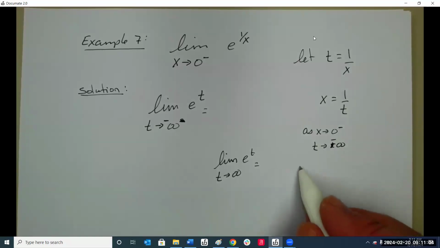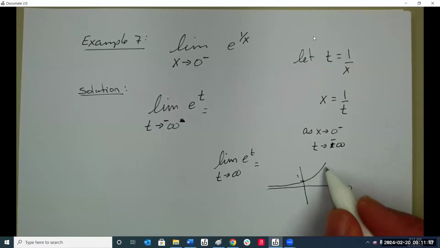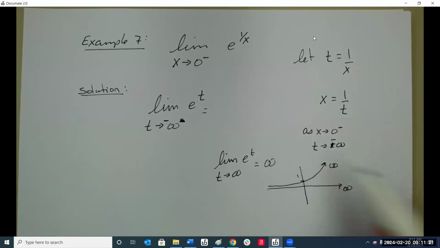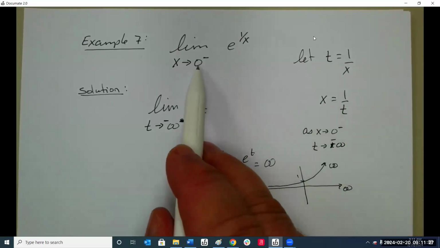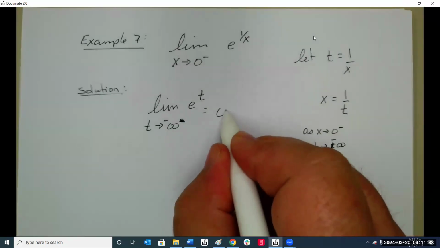Think of the graph. e to the x looks like this. As x goes to infinity, where's y going? It's going to infinity. But since we're going to 0 from the left, we want to look at this side. So that goes to 0.